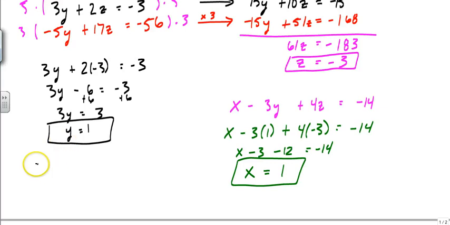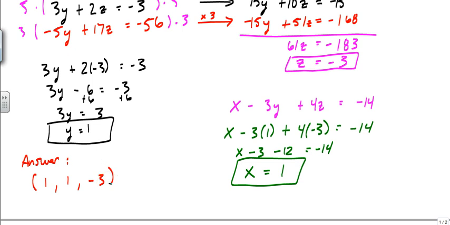So my solution is going to be, and I'll use red here, my solution to this is the ordered triple 1, 1, negative 3.